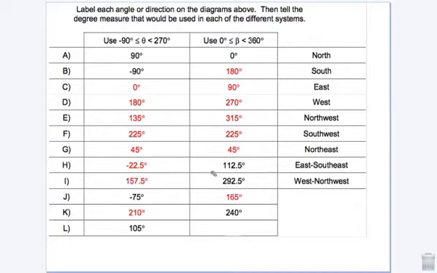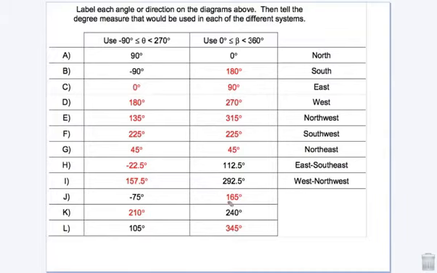Okay, and then do the same process for the rest. I would like you to go through them. West, northwest, halfway between northwest and west, you get 157.5 degrees. Okay, and then these two, I want you to look at your unit circle and your compass. Find negative 75 degrees on your unit circle. Figure out what letter represents that.